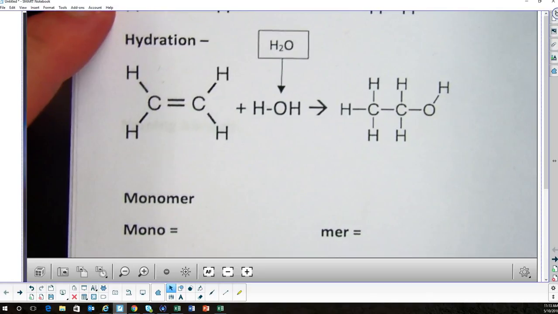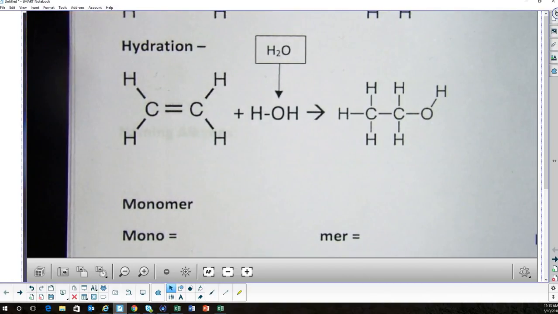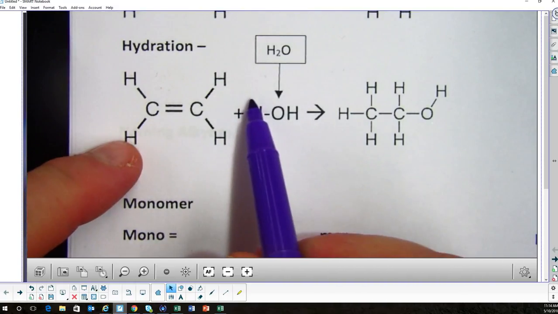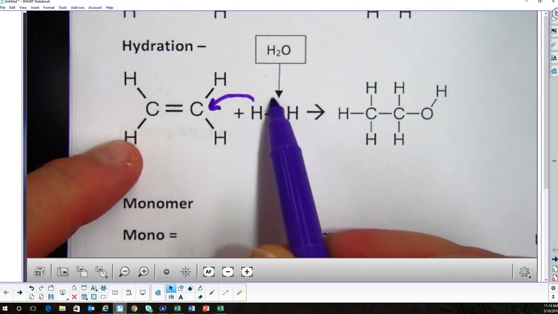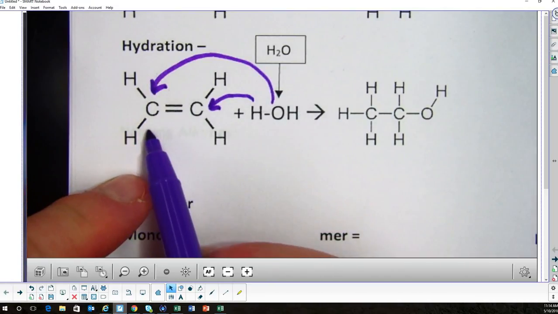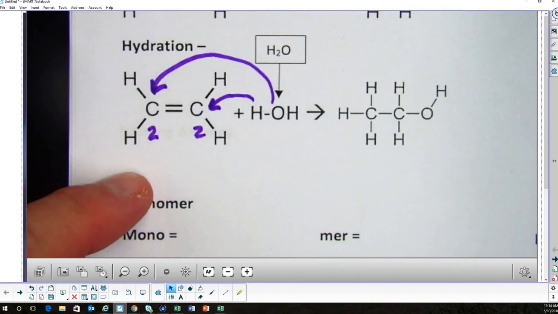When it comes to hydration, we go back to Markovnikov's rule. Because water will break up into H and OH. It doesn't break up into H and O, it breaks up into H and OH. So one will go on one side and one will go on the other. Since both of these had 2 hydrogens to start with, it doesn't matter which side, right?